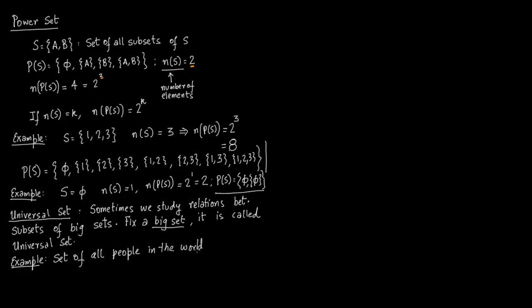Subsets of this could be I, the set of people in India, and G, say the set of people in Germany. And we want to study the relationship between the set of people in India and the set of people in Germany.